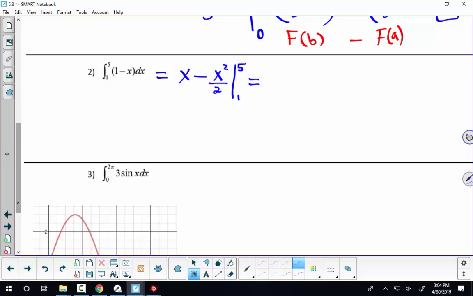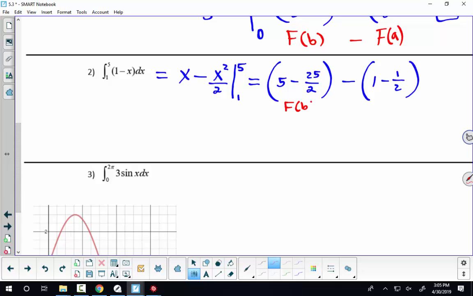So we plug in 5 first. So we have 5 minus 25 over 2. Minus, now we're plugging in 1. 1 minus 1 squared over 2. So again, that's our capital F of B minus our capital F of A. Or we could say capital F of 5 minus capital F of 1.